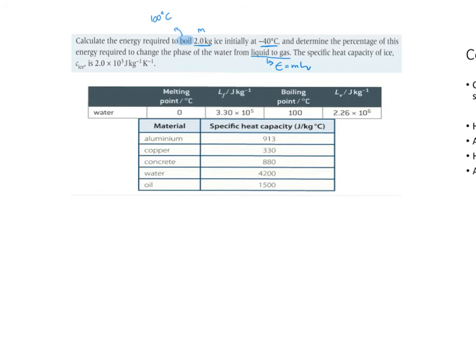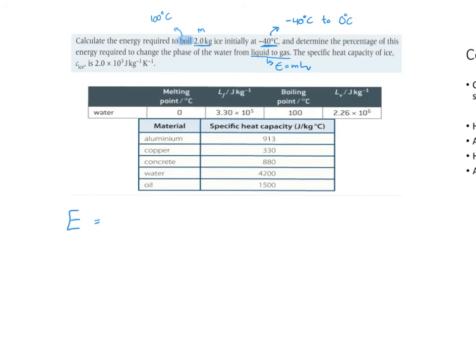So we have the energy that we need to calculate, but we also need to break it down into the expressions that we require. First, for us to be able to boil the ice that's at minus 40, it will first have to increase the temperature from minus 40 degrees to 0 degrees, which is the melting point. So we have that temperature change.